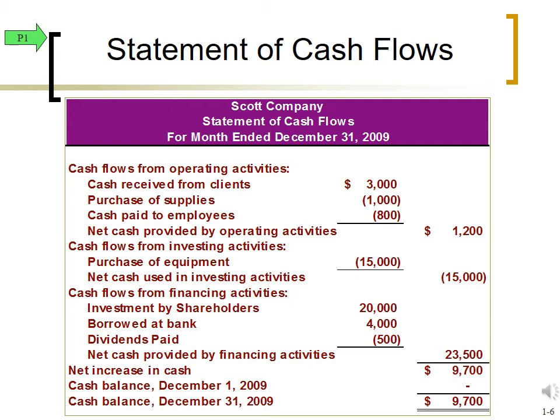So at any given point in time, you know what your balance is, whether you keep a real checkbook balance, one that physically you can hold, or whether you go online and do it remotely. And so it gives you a position of your cash at any given point in time. So the statement of cash flow shows the coming in and leaving of cash of a business, the inflow and outflow of cash over some period of time.